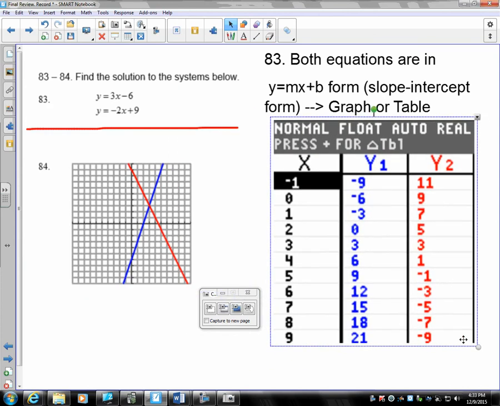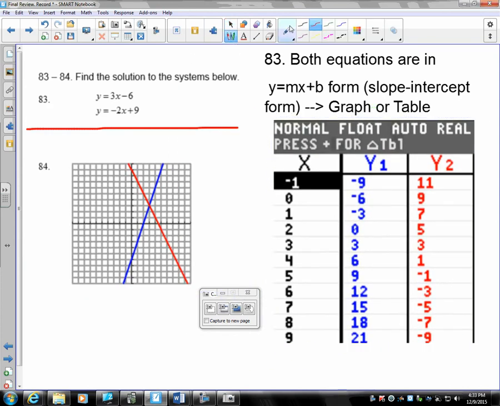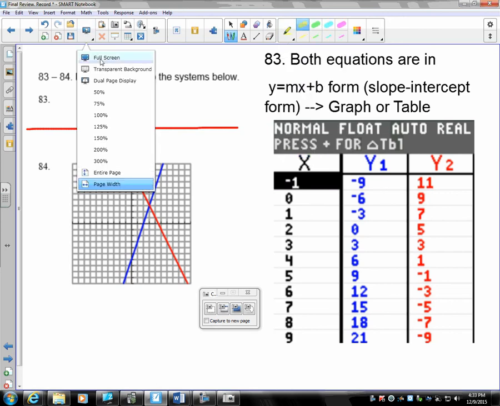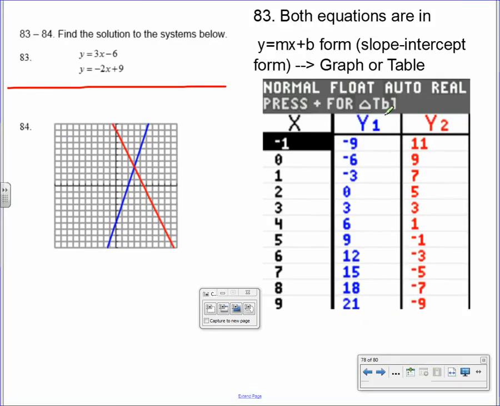All right, so number 83, what we know is that our solution is where y1 and y2 are the same. So if we look in our table, y1 and y2 are the same right here. Okay, so we know that our x value is going to be 3.